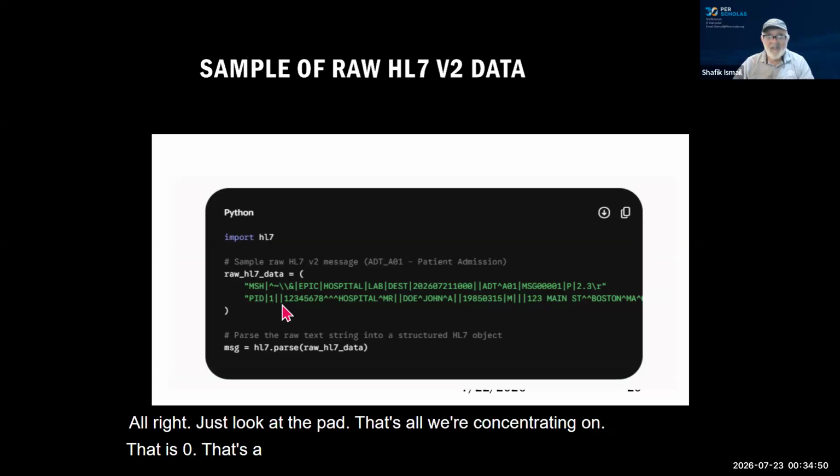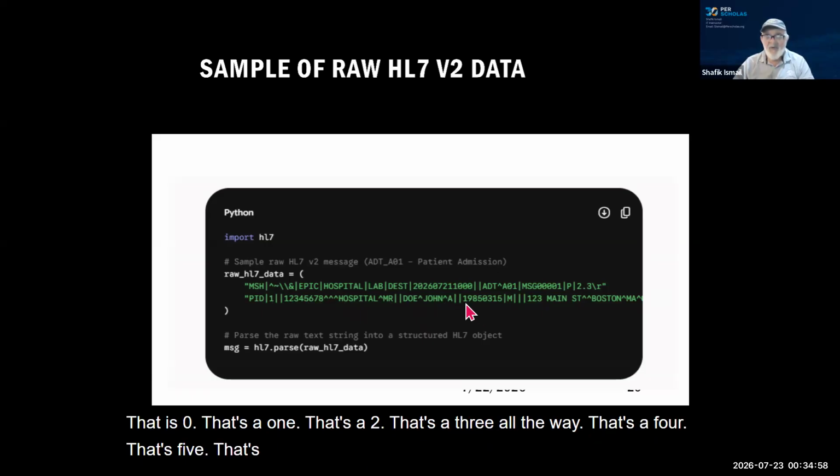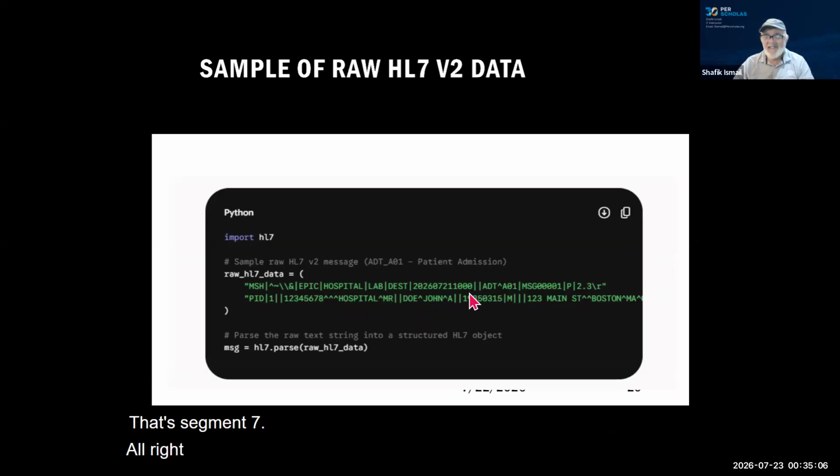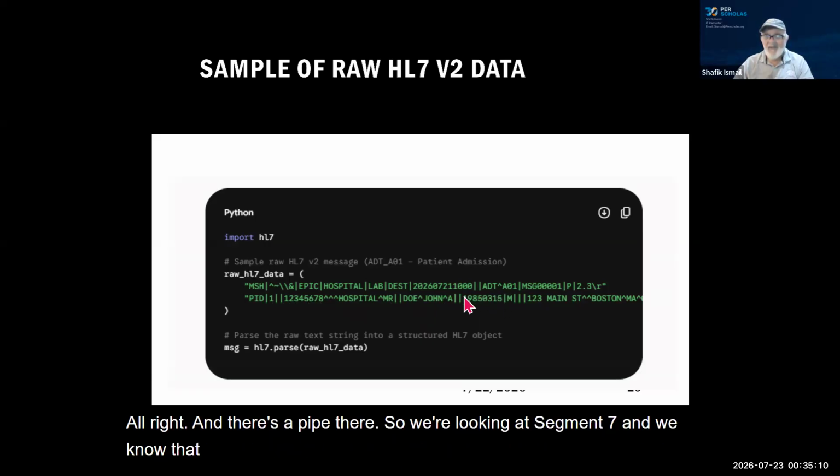That's a 2. That's a 3 all the way. That's a 4. That's 5. That's 6. And boom! Do you see that? That's segment 7. And there's a pipe there. So we're looking at segment 7, and we know that this is the date of birth.